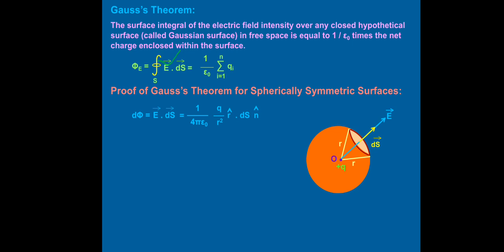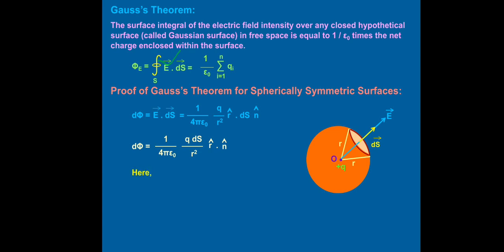Write the value of electric field, 1 by 4 pi epsilon naught q by r square, unit vector r, dot ds unit vector n. And we know that r cap is a unit vector, n cap is a unit vector, then the dot product of these two will be 1. Then the result will be 1 by 4 pi epsilon naught q ds by r square, since r cap dot n cap is 1, unity.